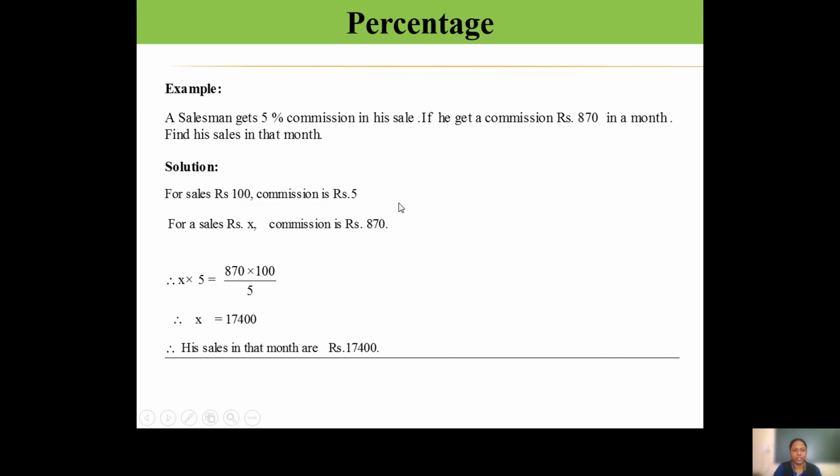Again we do the calculation like cross multiplication. Here 5x is equal to 100 into 870. So x is equal to 17,400. So the sales in that month is 17,400.